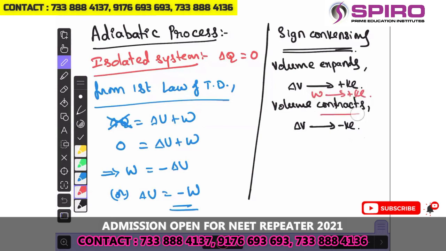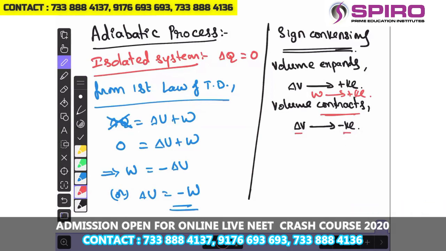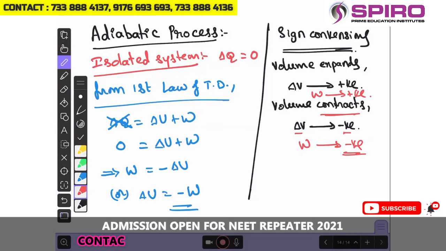If volume contracts, delta V will be negative, then automatically W will become negative. So if volume expands, work done is taken to be positive. If volume contracts, work done is taken with a negative sign.